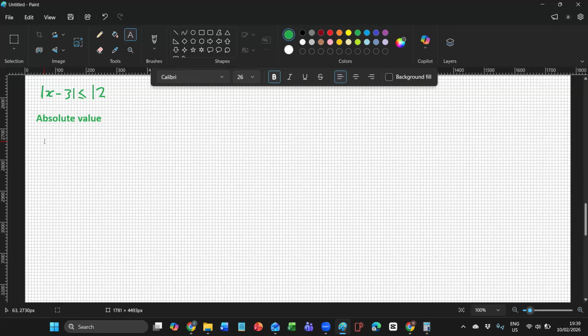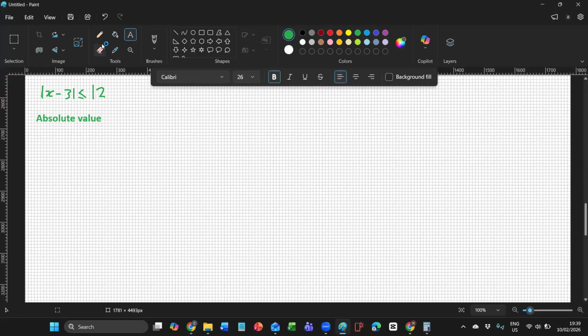It doesn't bother with the sign in front of it. When it's positive, it's the same as that positive. When it's negative, it looks at the positive value that does not have the negative sign on it. So it's about size, not about the sign. That's the basic implication of those two bars there.